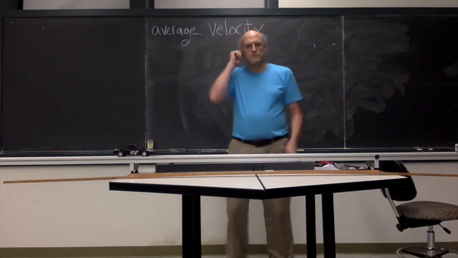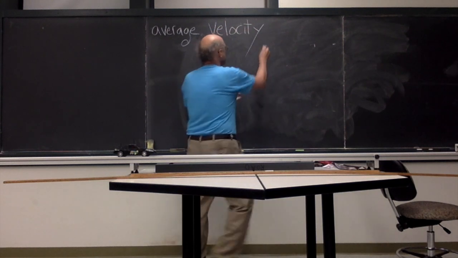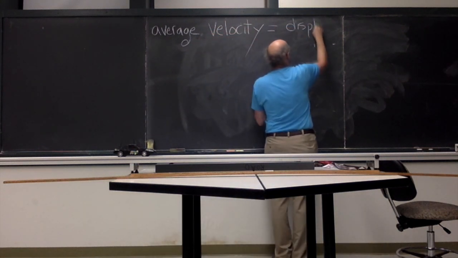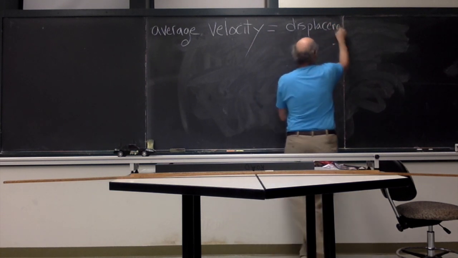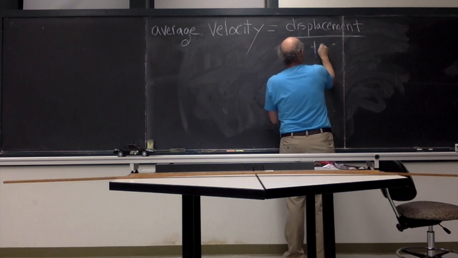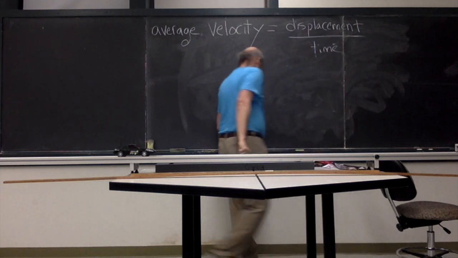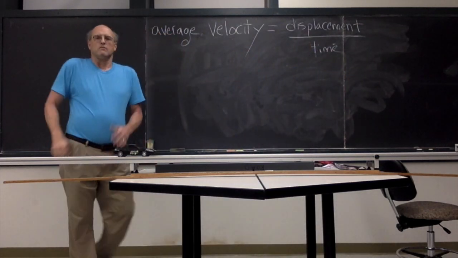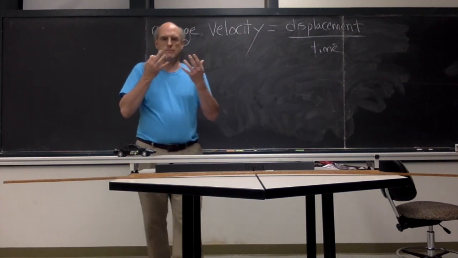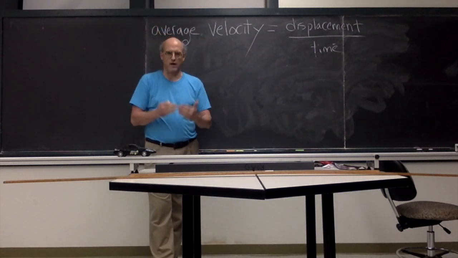So to find average velocity, you take the displacement and divide it by the time. Velocity is what we call a vector quantity. It has both a magnitude and a direction.